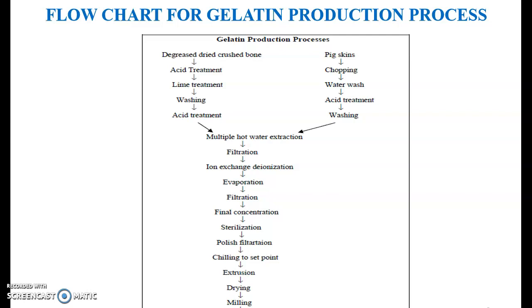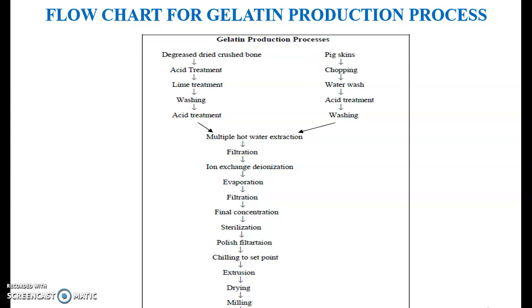So, filtration, final concentration, and sterilization is required because they are made from this precursor. So it is very important that sterilization should be carried out. Otherwise, we have to add preservatives after gelatin manufacture. Then some opacifying agents and antimicrobials are added so that microorganisms do not grow on our gelatin.